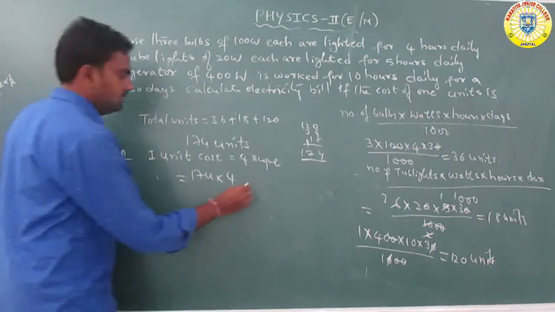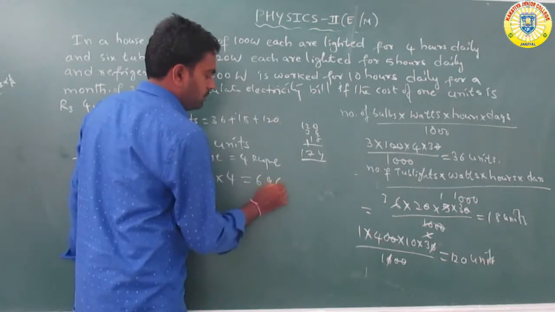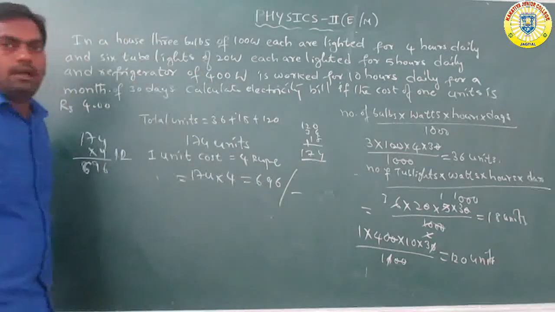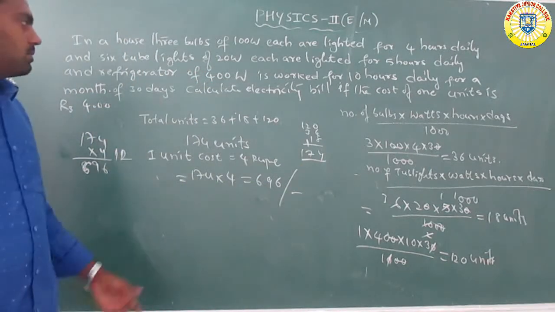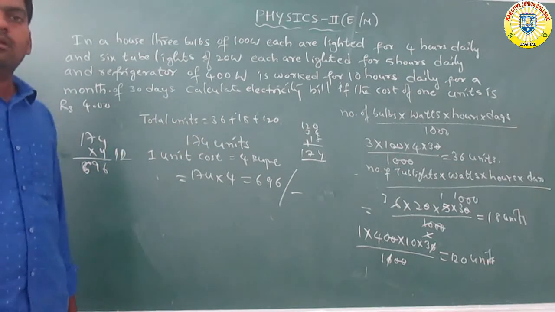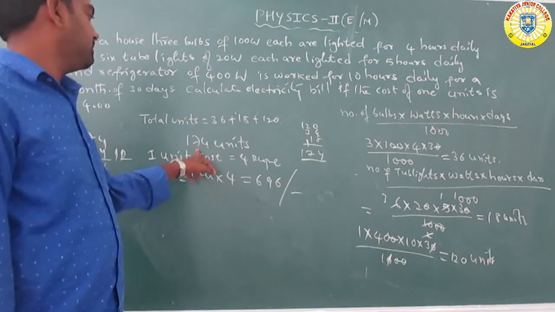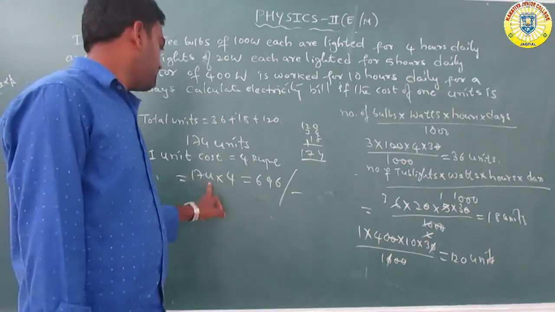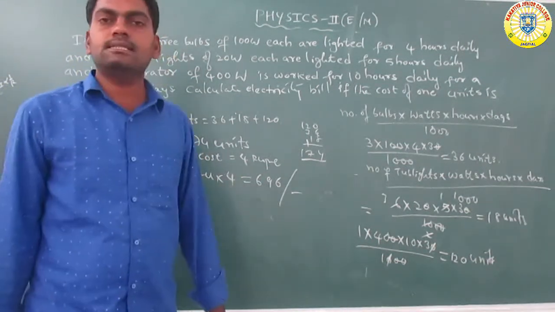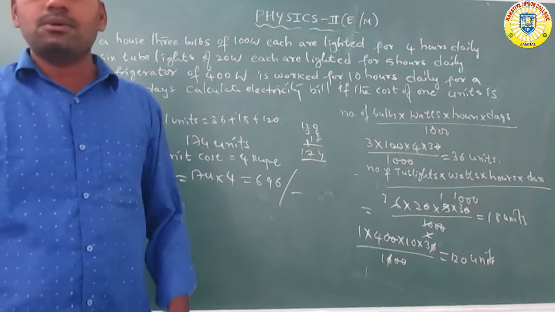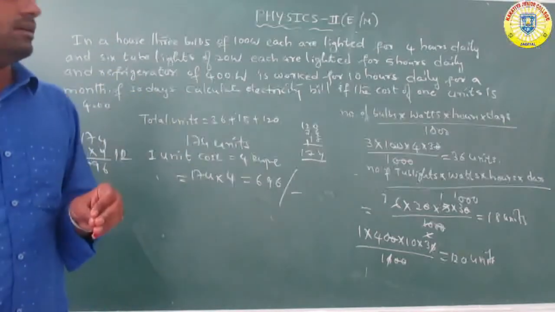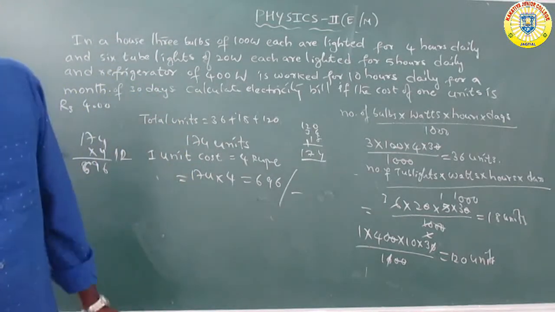So 696 rupees is the month electrical bill. Okay, so for the consumption of electricity, 1 unit is taken as 4 rupees, the 4 rupees into total units 174, so 174 into 4 is 696 rupees. Okay, so that is the electricity bill.